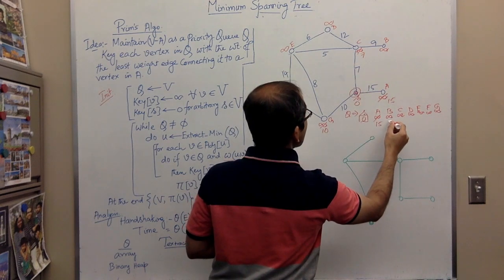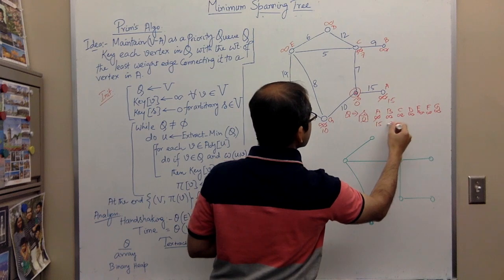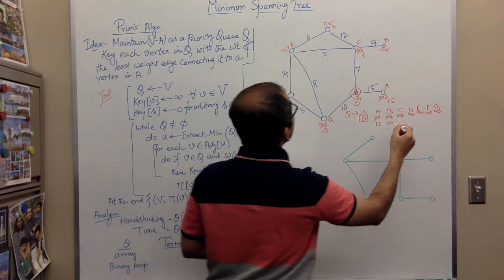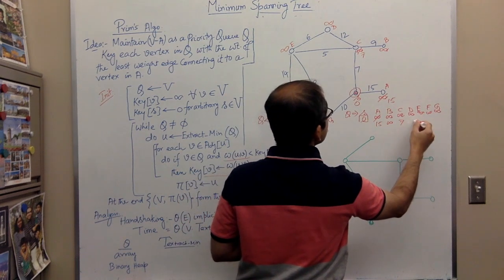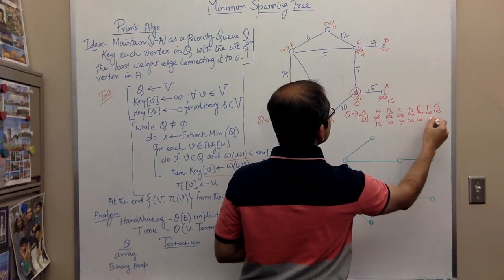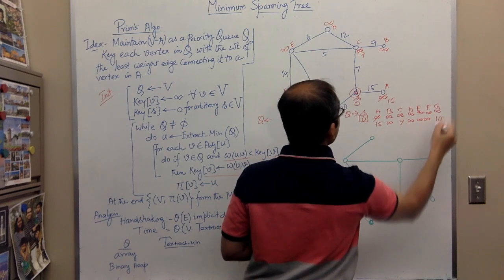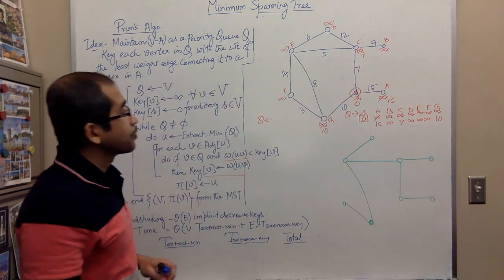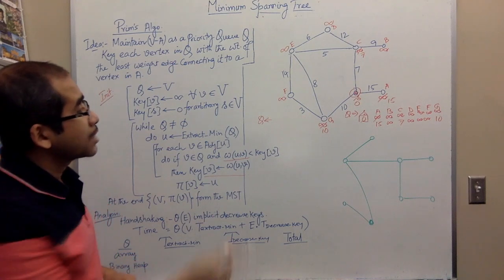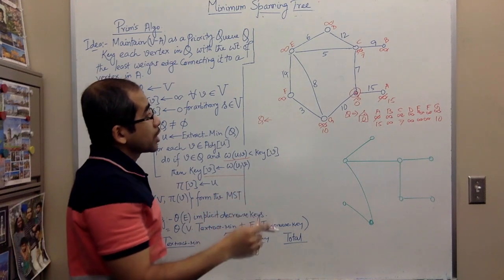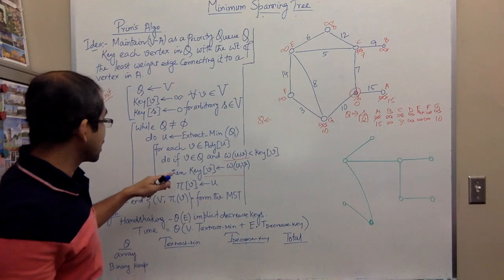So B is infinity, C is 7, D is infinity, E is infinity, F is infinity, G is 10. Now in the priority queue, there are multiple infinities and 3 numeric values. What are the minimum?